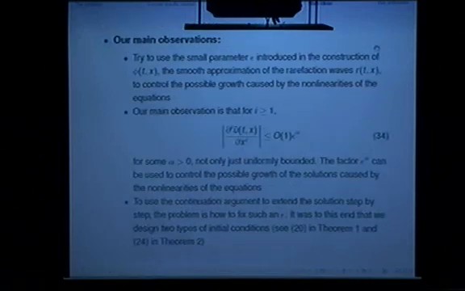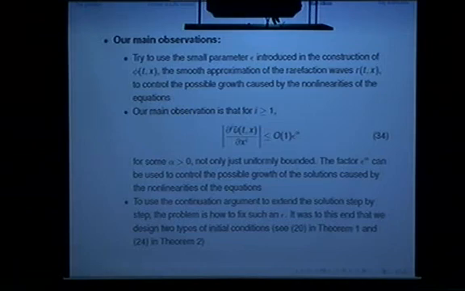But our observation is the following. The main trick is to use the small parameter introduced in the construction of phi tx to control the possible growth caused by the nonlinearity of the equations. Our main observation is that if we introduce such a small parameter in phi tx, then we can show that the derivative of the u bar satisfies this kind of condition.